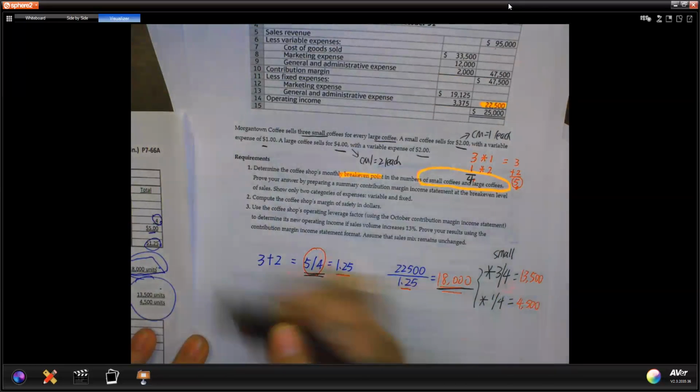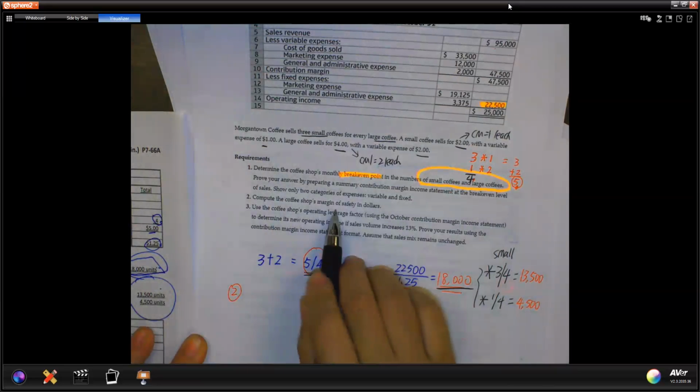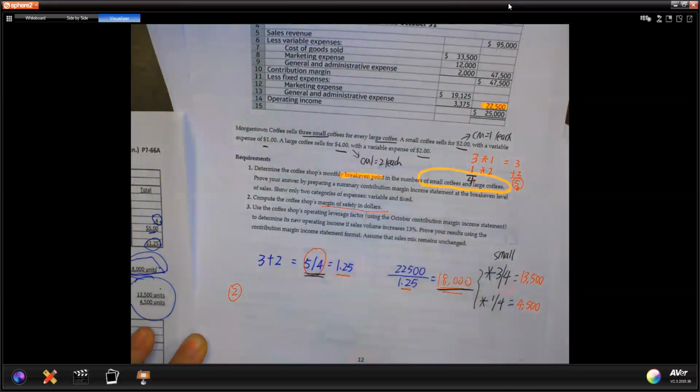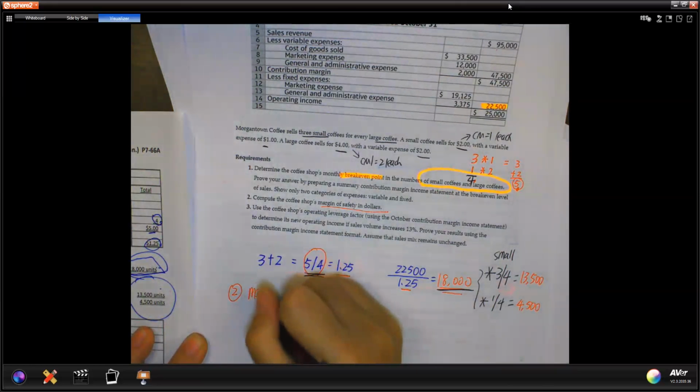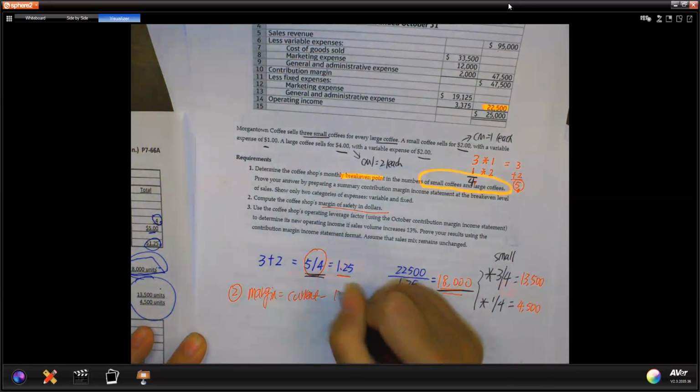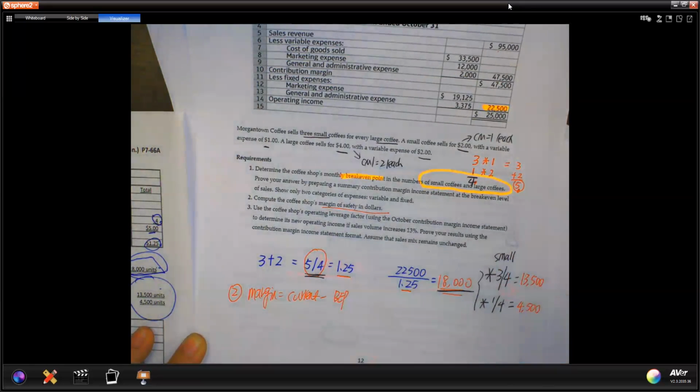Next one is talking about the margin of safety. Margin of safety is straightforward. It is basically your current sales minus your break-even point sales.